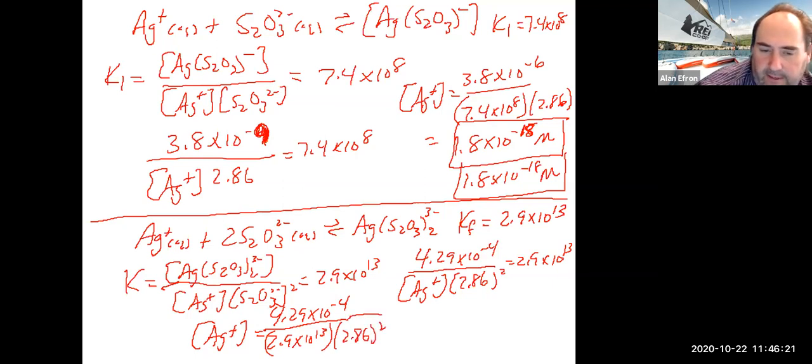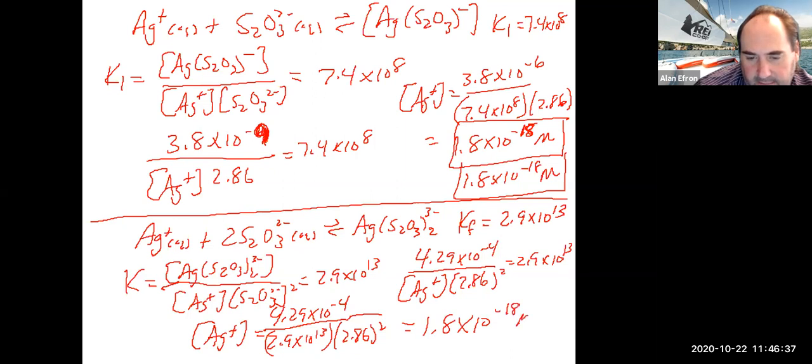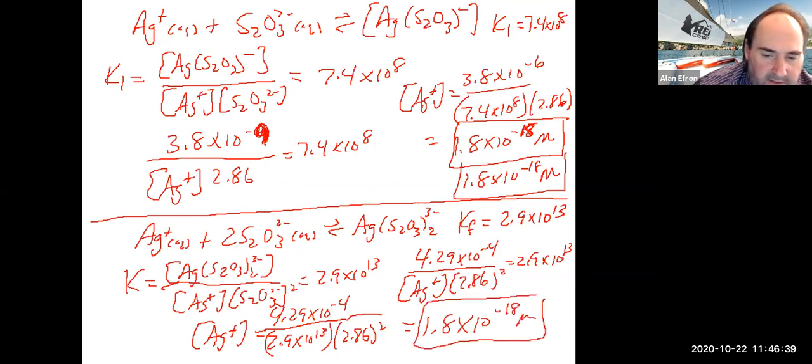So at this point, if everything went right here, hopefully it will, we get 1.8 times 10 to the minus 18 molar, which if we look above is the exact same number we got by going through each of the individual steps.